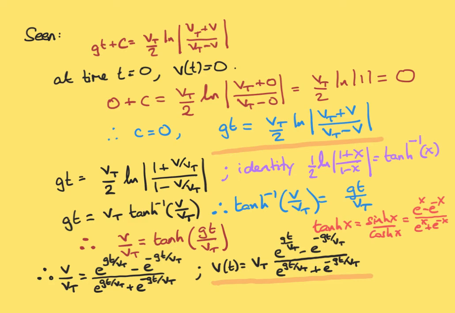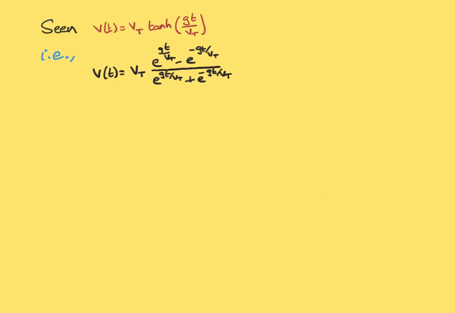So we can ask ourselves a little bit more about this, whether this looks sensible, and I'm going to just do that very briefly on the next slide. So on the previous slide, we obtained the following two results for the speed as a function of time, in terms here of the hyperbolic function, the tanh, and here explicitly in terms of exponentials.